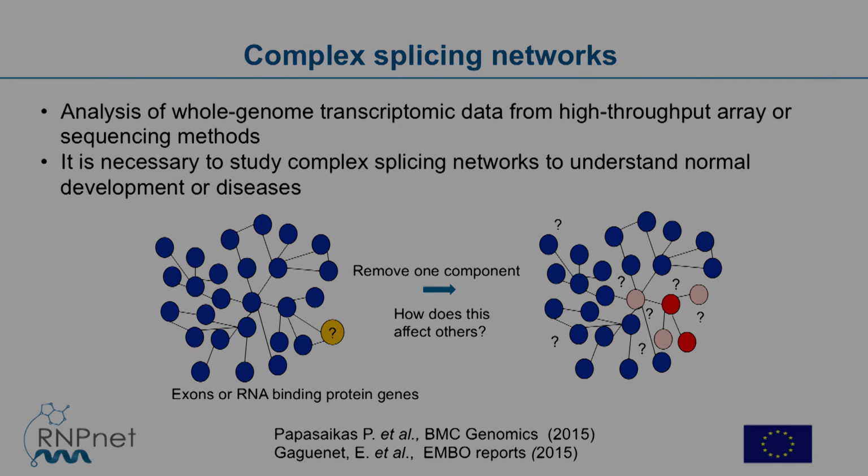So with this crosstalk and interconnection between networks, what experimental techniques do you use to dissect this? So the idea is to use a systematic, high throughput approach, by which we systematically knock down every component of the splicing machinery or every regulator that is known.